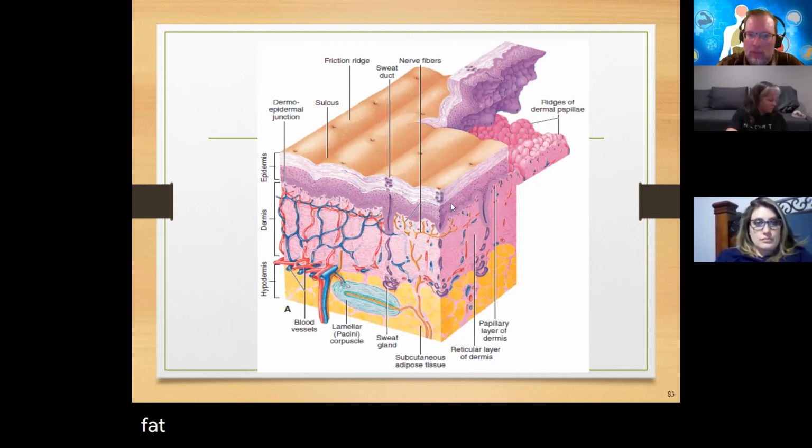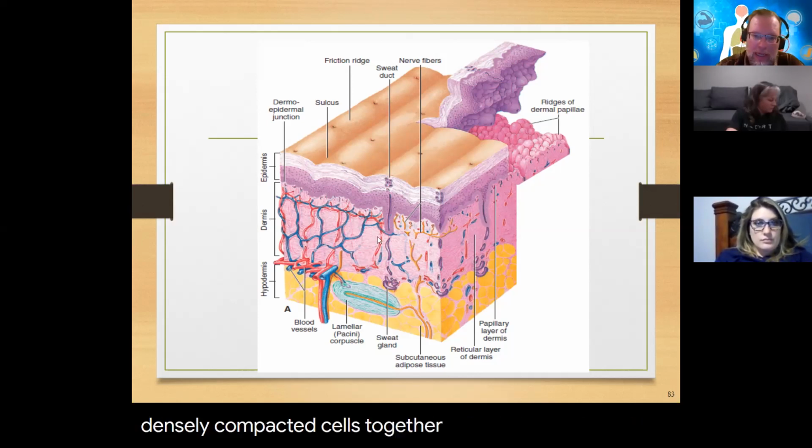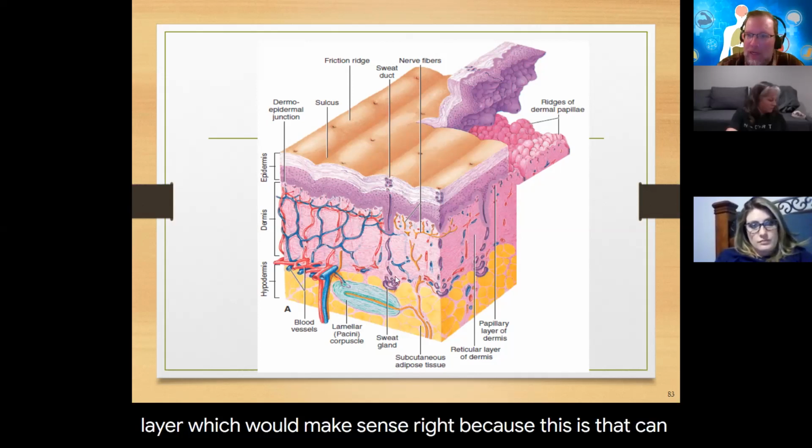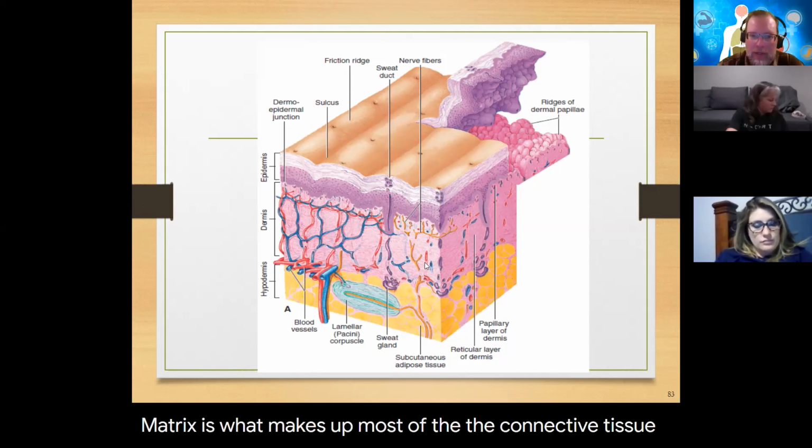When we see purple, we're usually thinking, again, a lot of densely compacted cells together because of the nuclei dying. So we don't see a lot of purple in this middle layer, which would make sense, right? Because this is that connective tissue layer where we have cells in a matrix, and the matrix makes up most of the connective tissue area there.